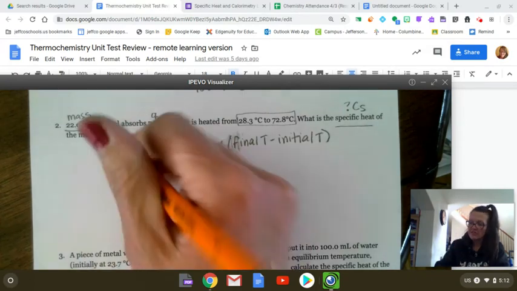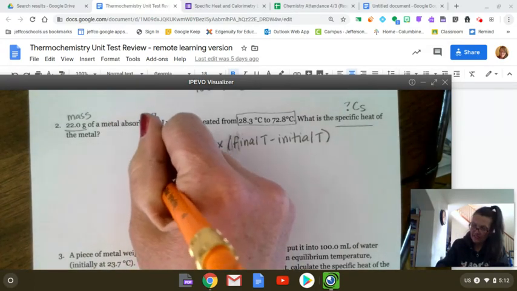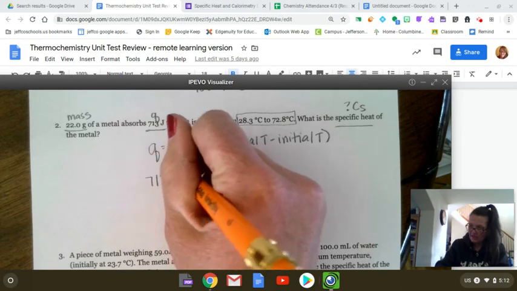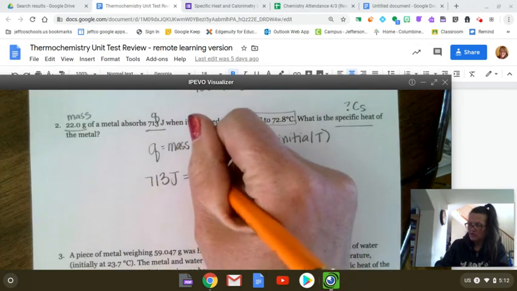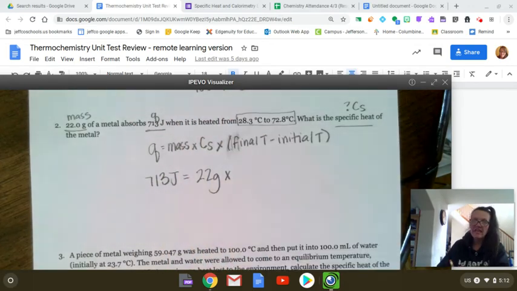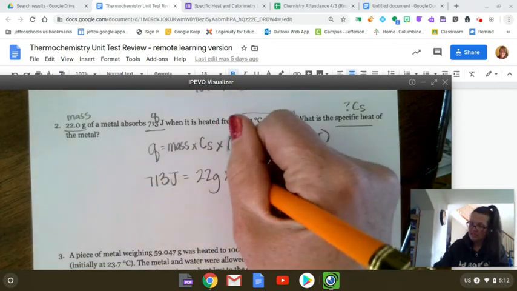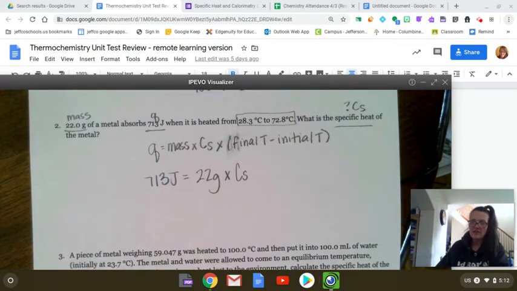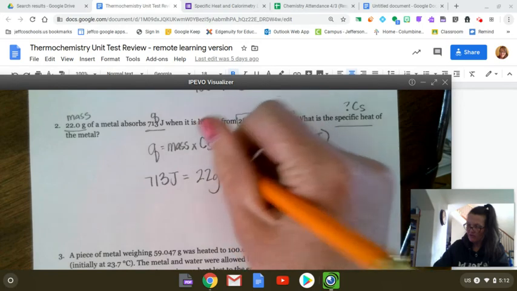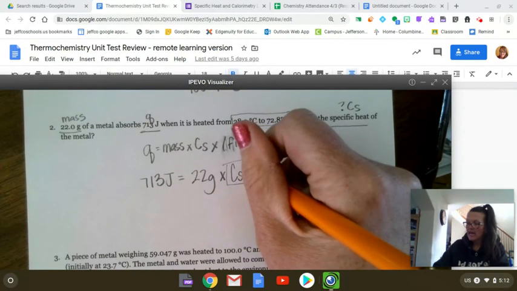So Q is equal to 713, right? Mass is 22 grams. The specific heat is what we're looking for, so I'm going to just leave the specific heat symbol there, so I know that that's what I'm trying to solve for. I'll put a little box around it. Times the change in temperature.